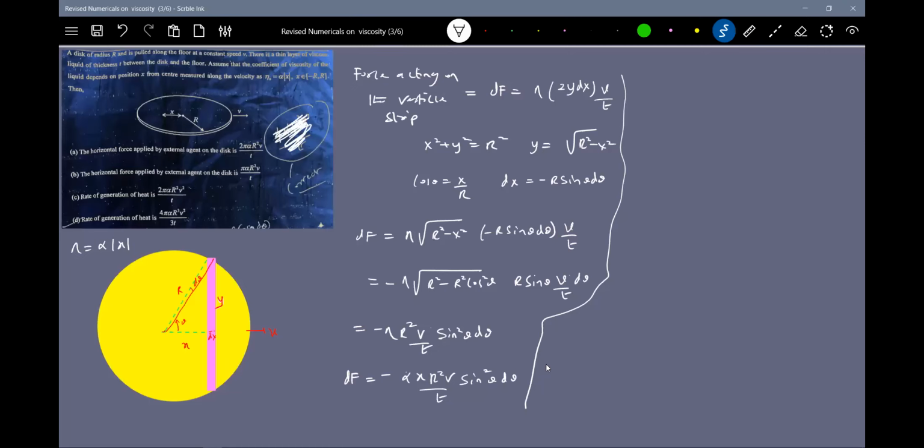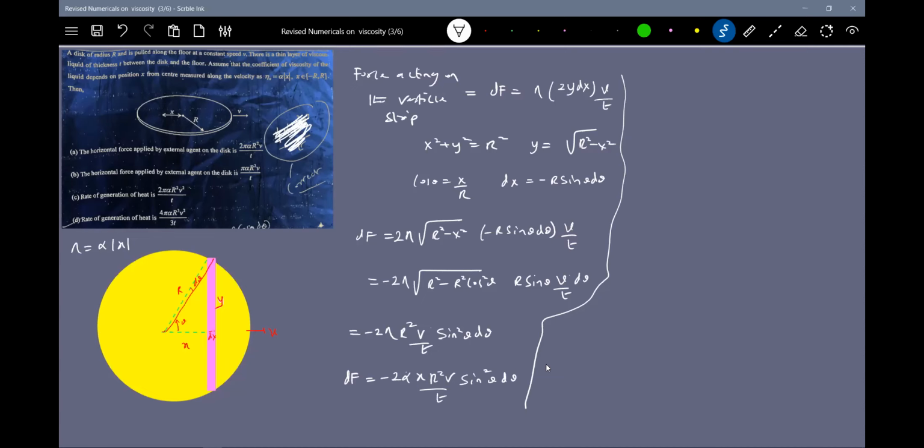Okay, 2 is missing here, no? Minus 2r by value is substituted. Okay, yeah, 2 will be there. Minus 2.